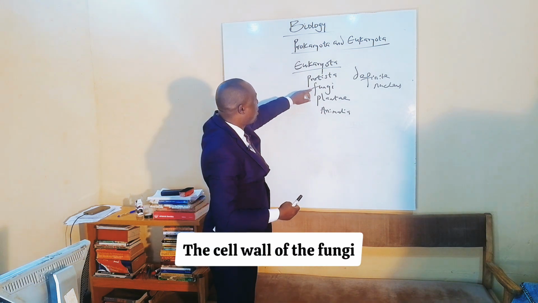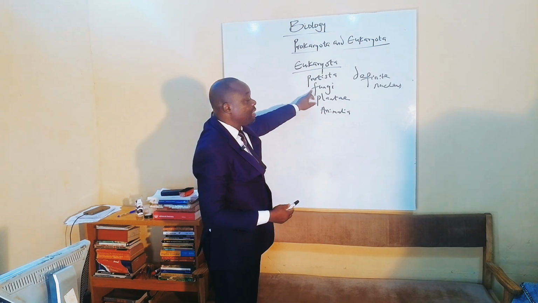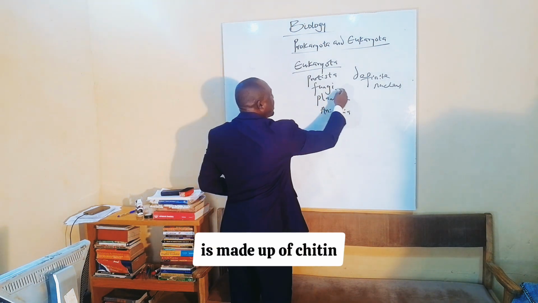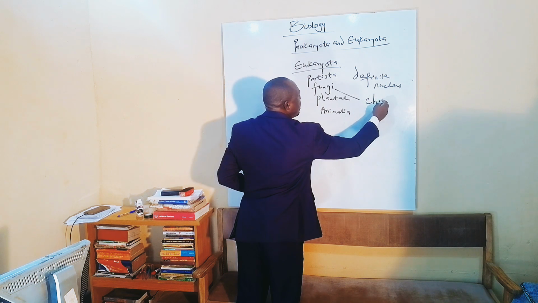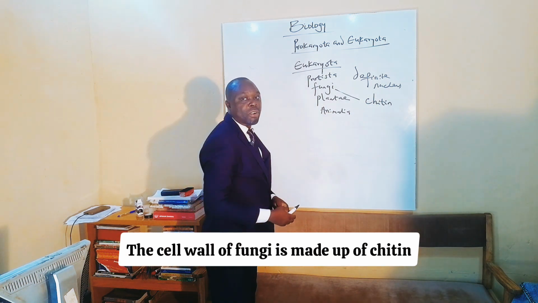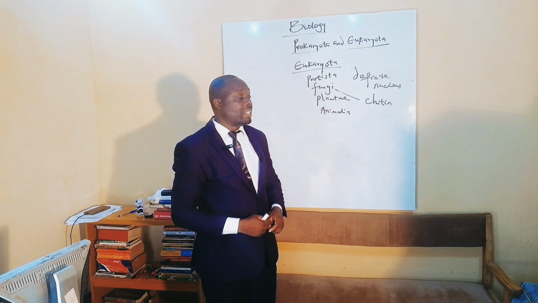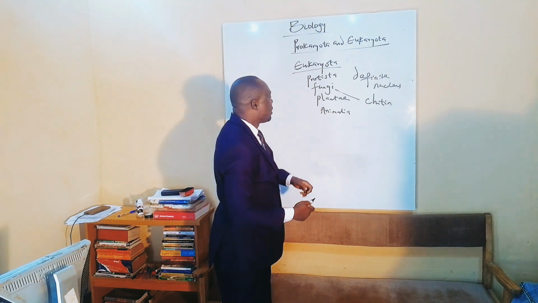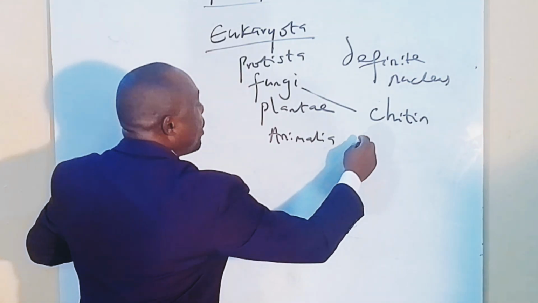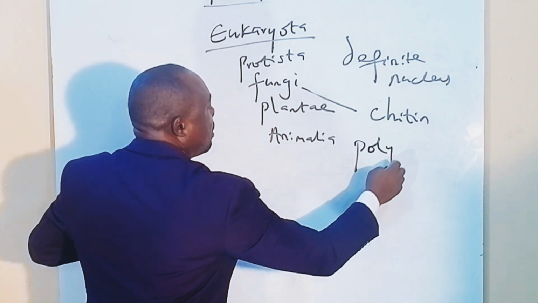The cell wall of the fungi is made up of chitin. Chitin contains polysaccharides.